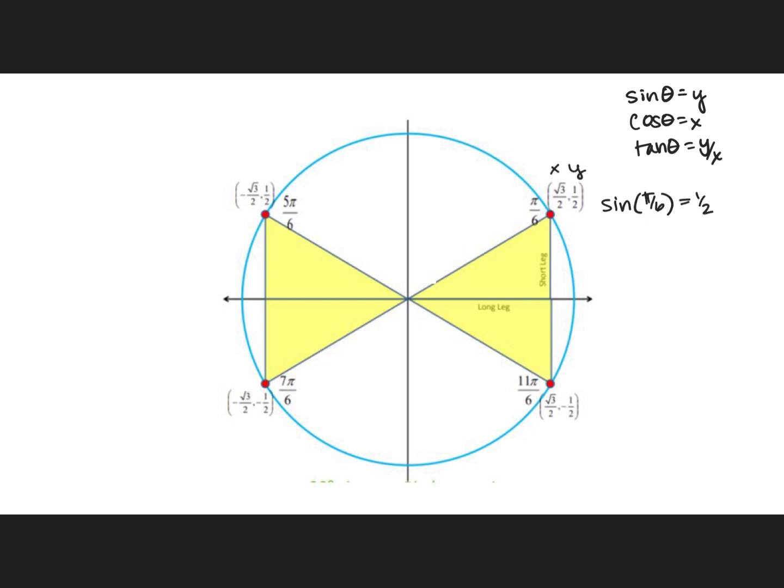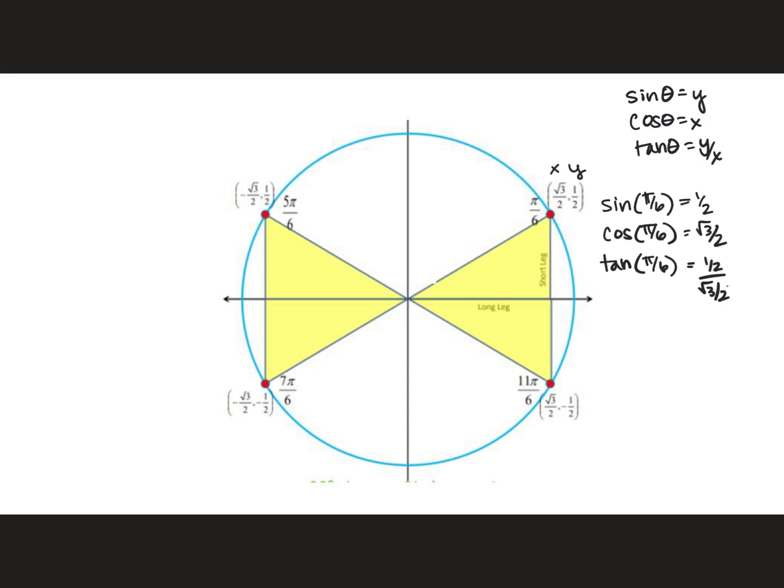Again, looking at the y. Cosine of pi over 6, pull the x, radical 3 over 2. Tangent of pi over 6 is going to be y, so 1/2, divided by x, radical 3 over 2.